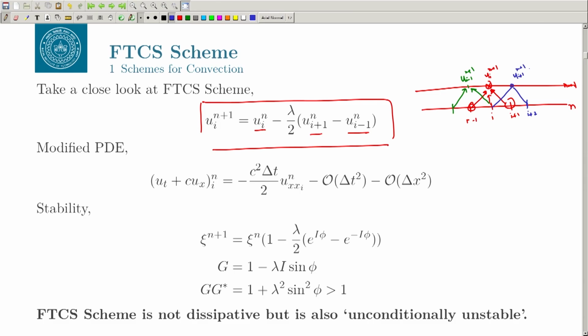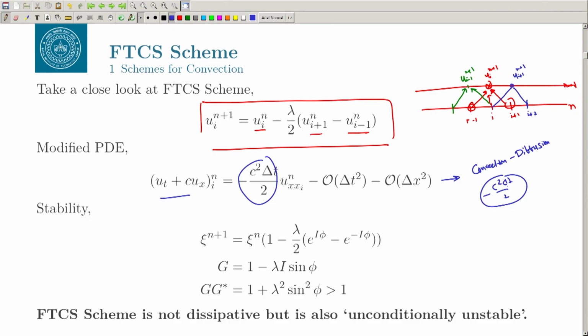So, when we did the analysis using the modified PDE, we saw that this equation is nothing but a convection-diffusion equation. And moreover, the diffusion term was negative, minus C square delta T by 2, and because of the negative diffusion, the scheme blows up very quickly.